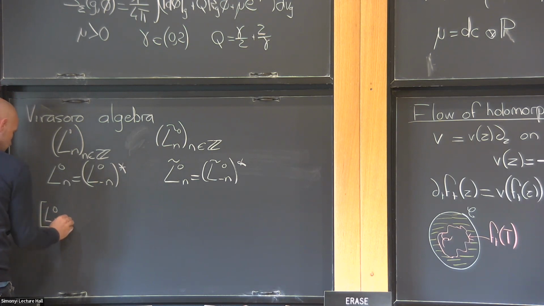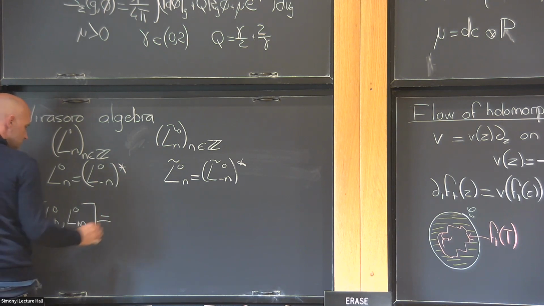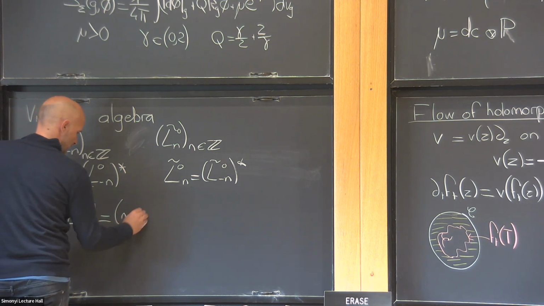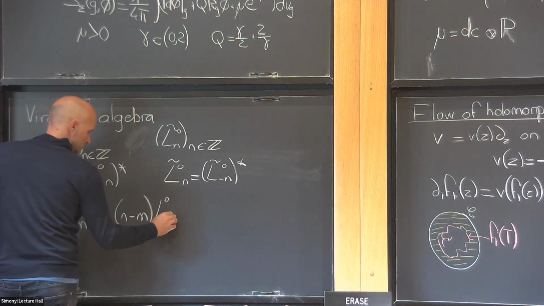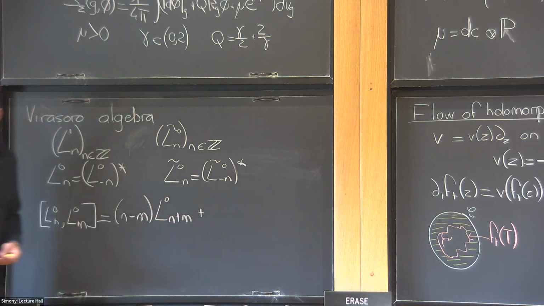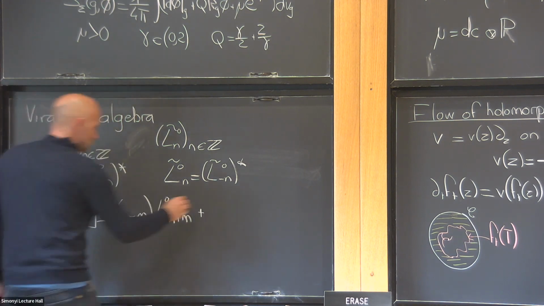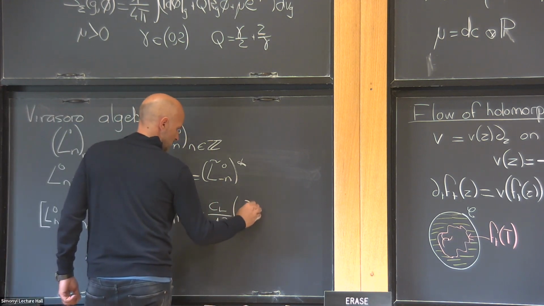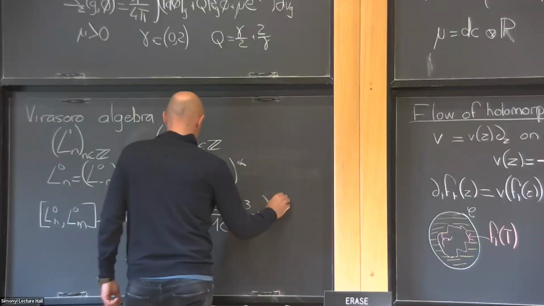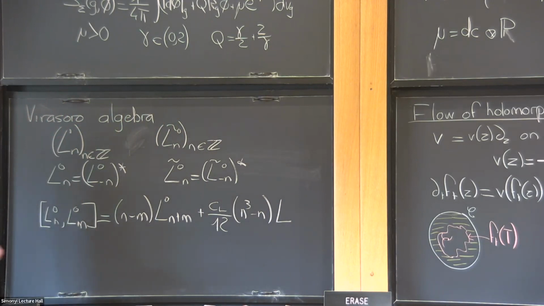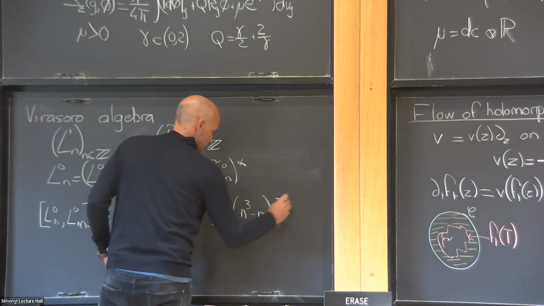If you look at the commutator between L_n and L_m, you get (n minus m) L_{n+m}, plus central charge over 12, times identity.